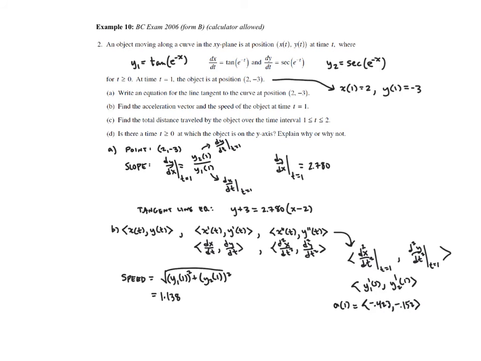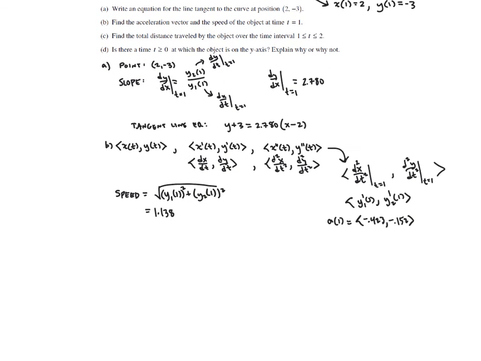Okay, part C. Find the total distance traveled from time t equals 1 to time t equals 2. So total distance will be, as we've seen before, from 1 to 2, absolute value, y1 squared plus y2 squared, square root of that, absolute value with respect to x in this case, clearly because I'm in function mode.